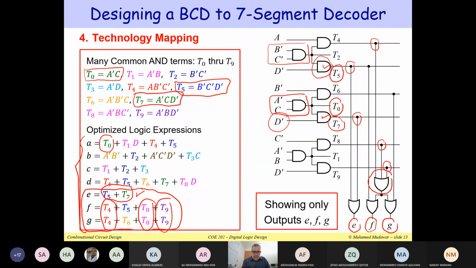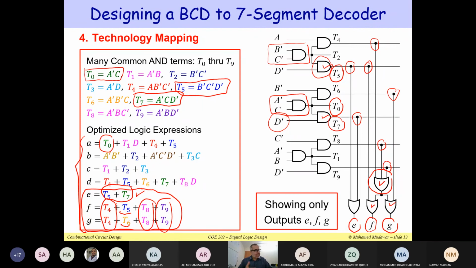I can OR them, and I can share this 3-input OR gate by F and by G. So F is going to use a second level OR gate to OR the output of the 3-input OR gate with T5. All we need to do is OR it with T5 and you get F. And if you OR it with T6, you get G. So we OR it here with T6.